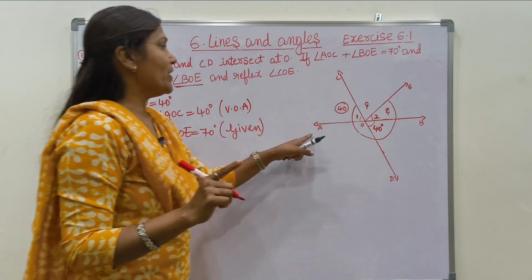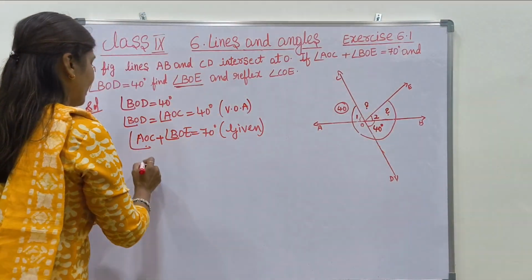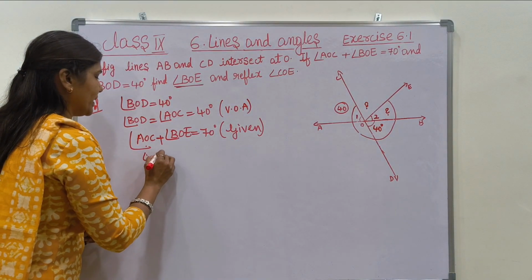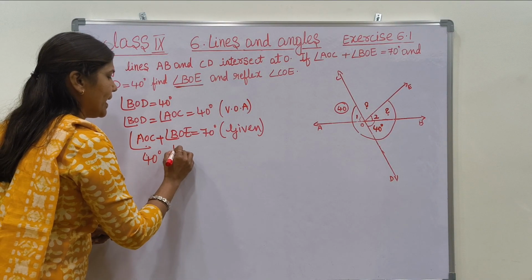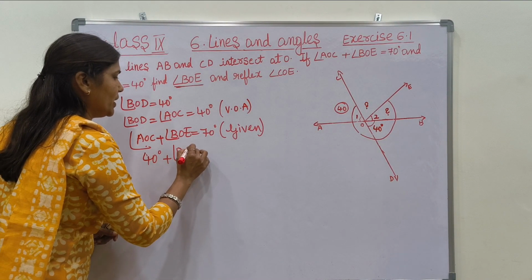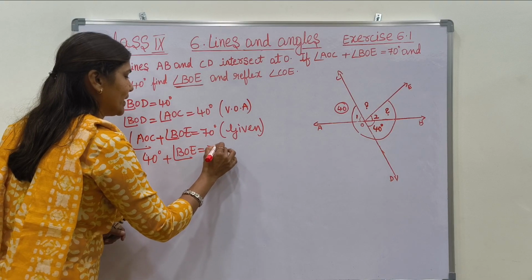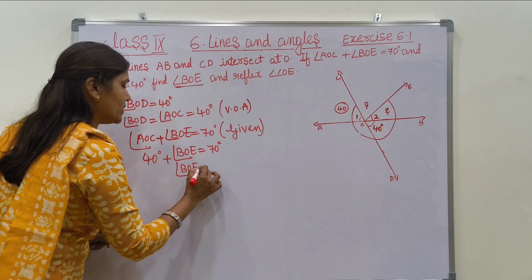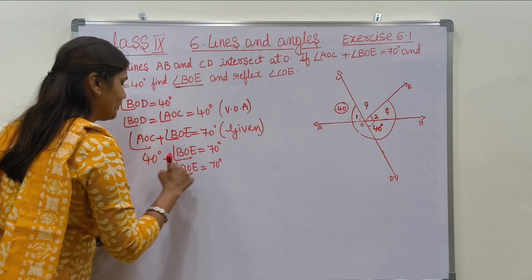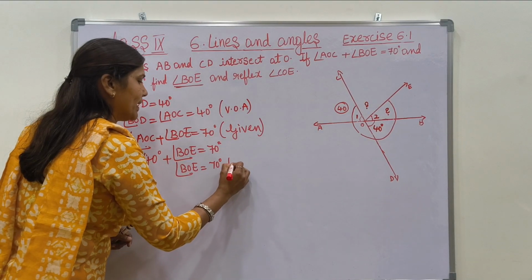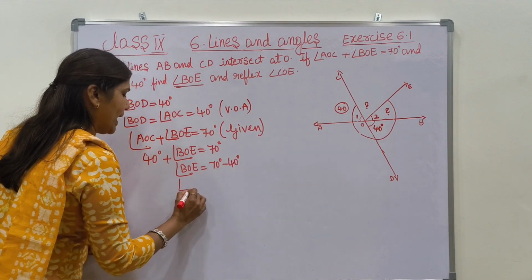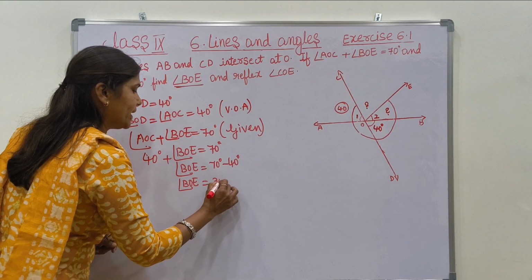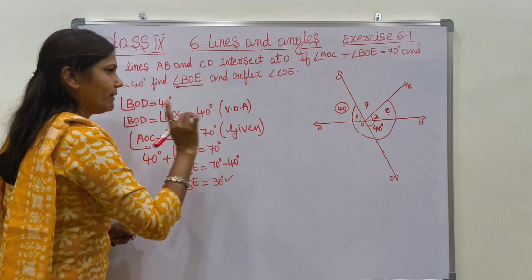In this, we know the AOC. So now write AOC, how much degree? 40 degrees. You can write here 40 degrees plus angle BOE is equal to 70 degrees. So now angle BOE is equal to 70 degrees, sending that side, minus 40 degrees. So angle BOE is equal to how much degree? 30 degrees. Now you got one answer.